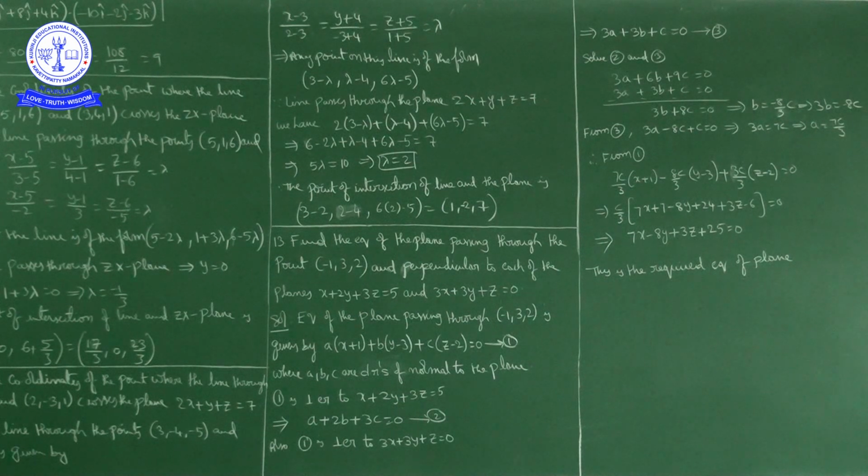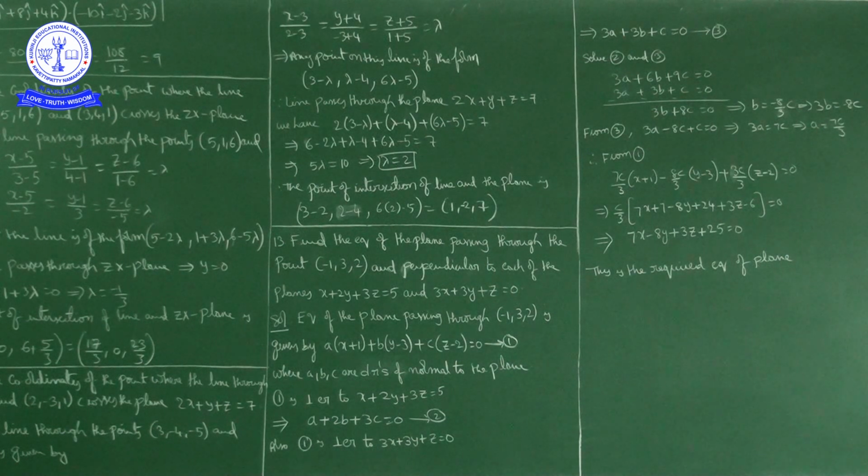Okay, so by solving 2 and 3, eliminating a, we get 3b + 8c = 0. So b = -8/3 times c. So we will write a, b, c in terms of c.